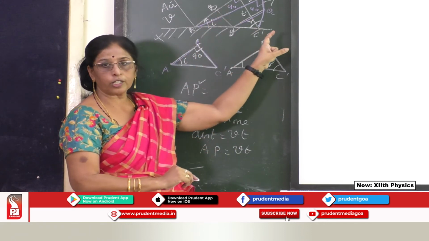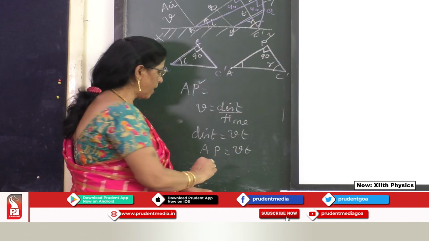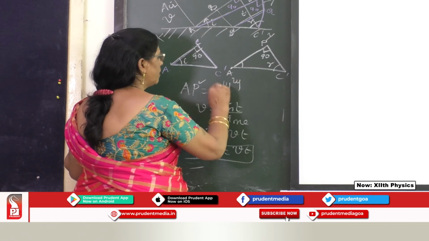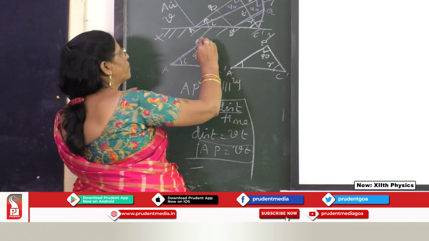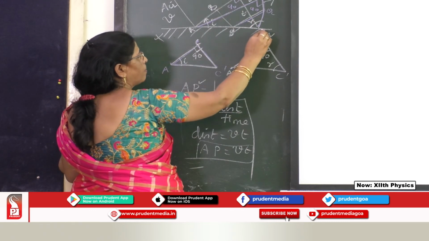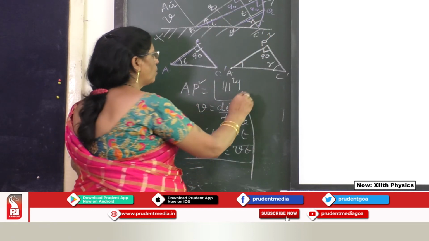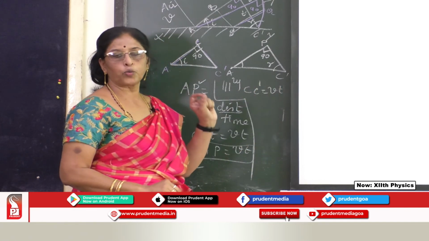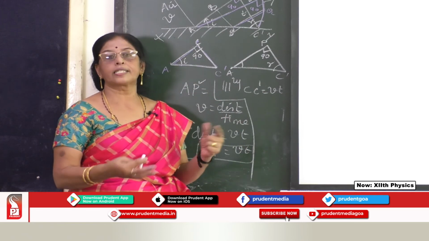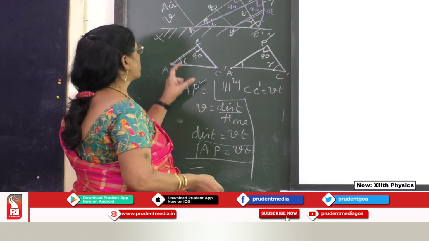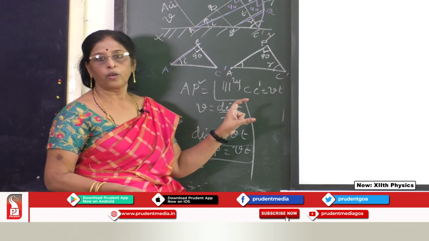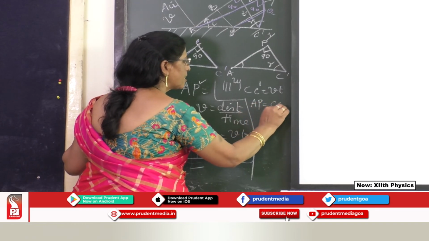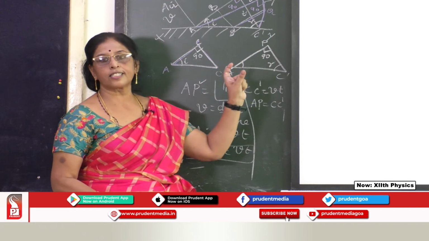If V is the velocity of the wave in the first medium and T is the time taken, AP is VT. Similarly, the wave from A to B reaches C dash during the same time. So, the distance CC dash is also VT, because the velocity and the time are the same. Since both have the same value, AP is equal to CC dash. Both the distances are equal.